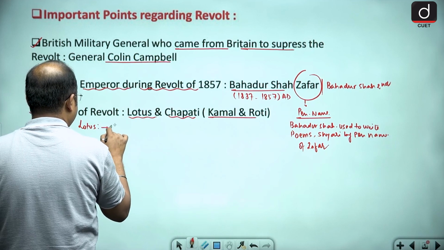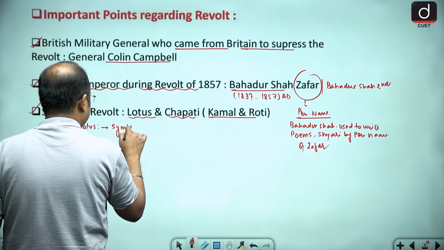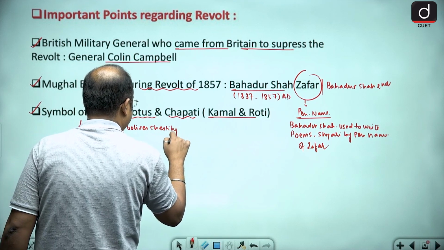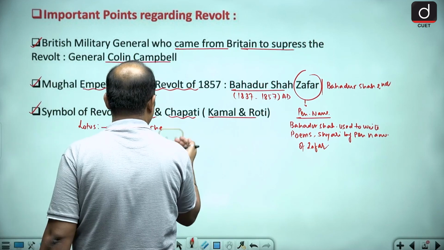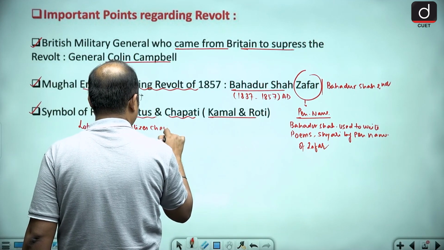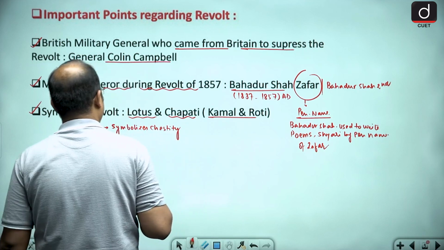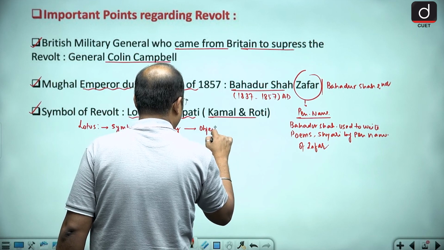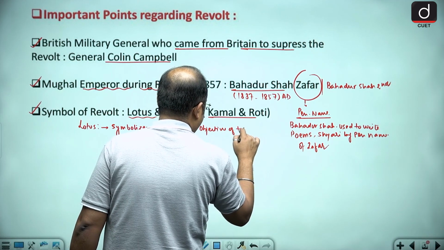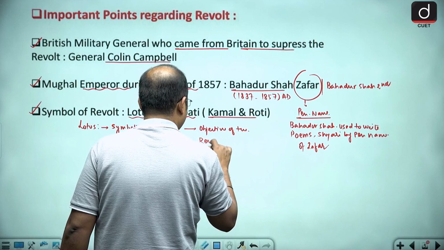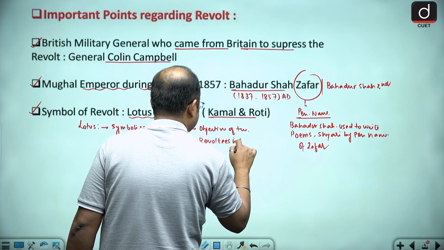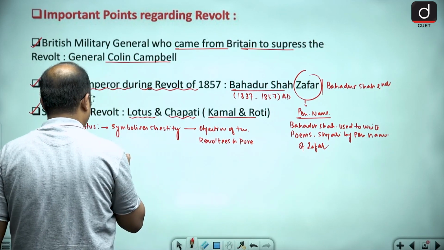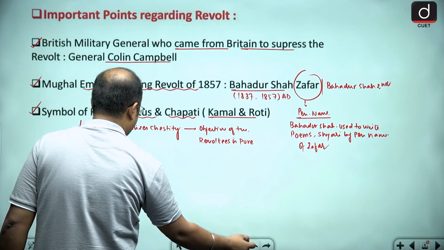Because lotus symbolizes chastity, and that was the objective of the revoltees. The revolt is pure, and the objective was to make India free from British rule.